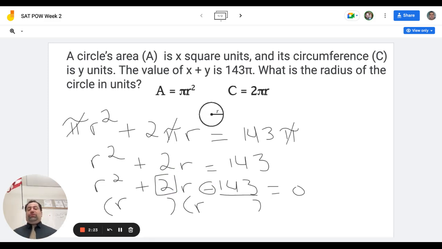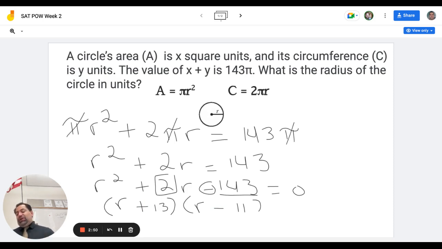So factors of 143, this is a calculator question, so you would be able to calculate the factors, but they are 13 and 11. Now I need positive 2, so the larger of the two factors needs to be positive, that's 13, and negative 11. We're going to finish the problem up here.